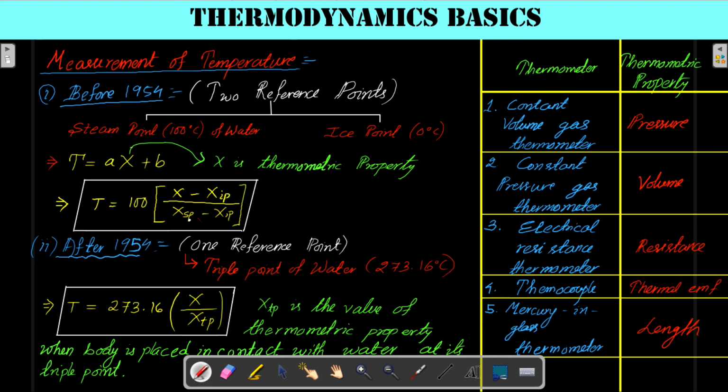T equals 273.16 times X upon X at the triple point, where X is the value of the thermometric property when that body is placed in contact with water at its triple point. When the body is placed in contact with water, we get the thermometric property X_TP, and then we can get the temperature.